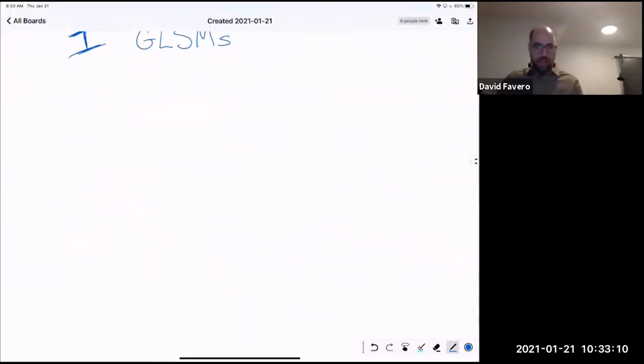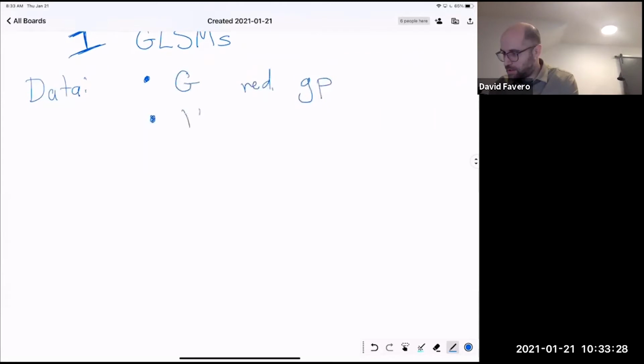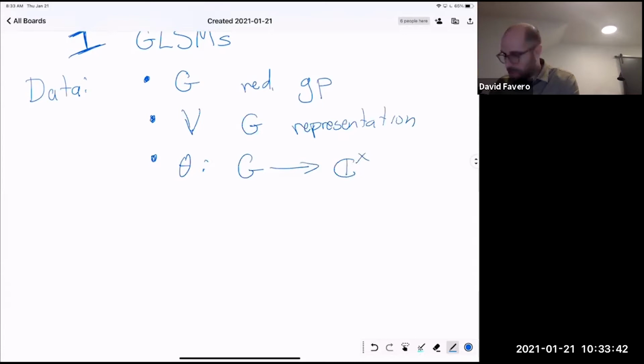All right, so I'll be a little sloppy here, and I'll say that a GLSM is the following data. So you have G is going to be a reductive group. V is going to be a G representation. Theta is going to be a character of that group. And W, I'm going to work over C, okay?